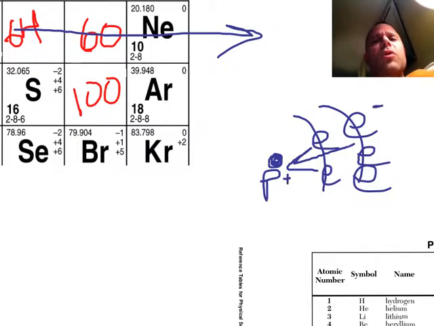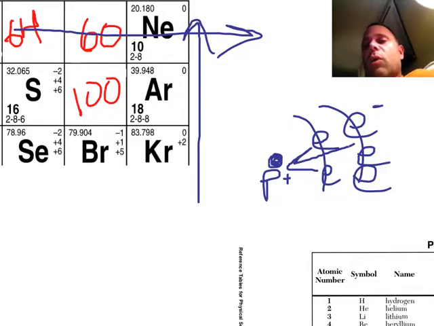So it pulls those electrons in tighter, even though you have more of them. Now, as you go up the group, the radius gets smaller, and that is simply because you have fewer energy levels being filled with electrons. So therefore, of course, it is smaller.